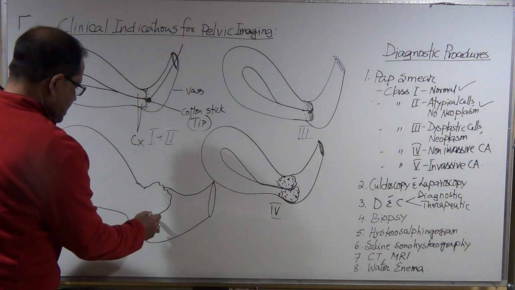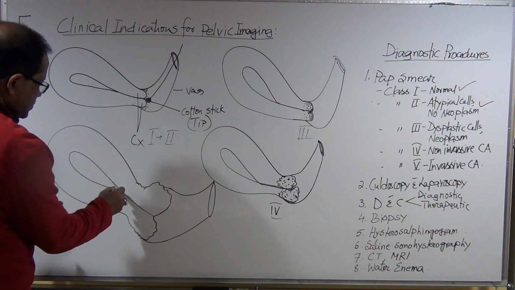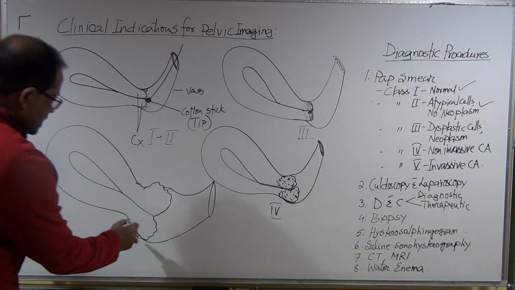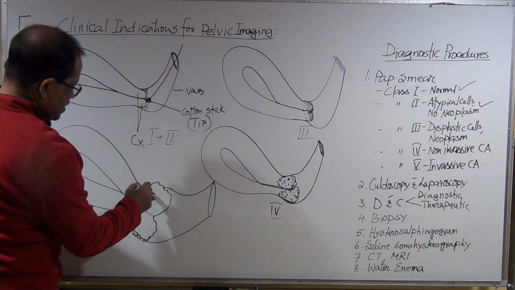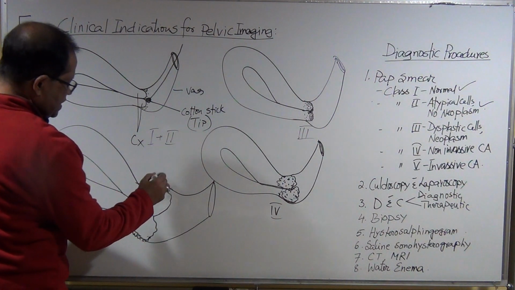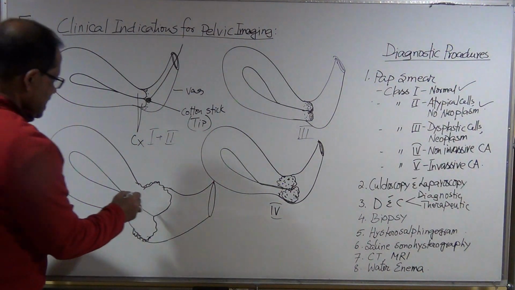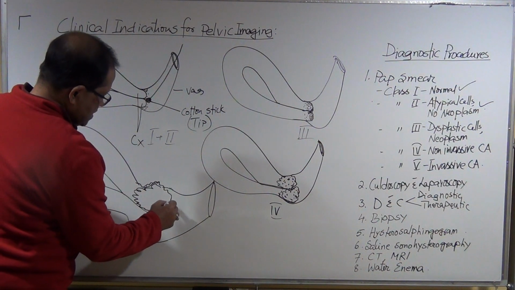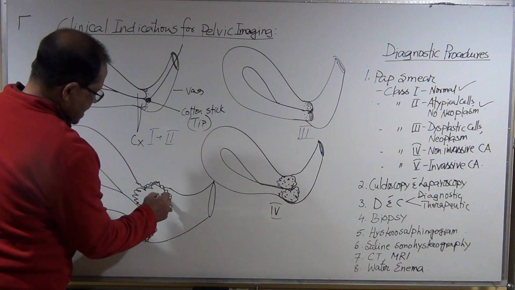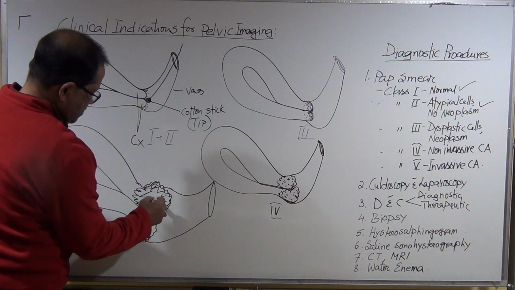Okay, if you see this type of pathology, you see a lot of lumpy bumpy areas, the lymph nodes are enlarged, and there's a heterogeneous area.